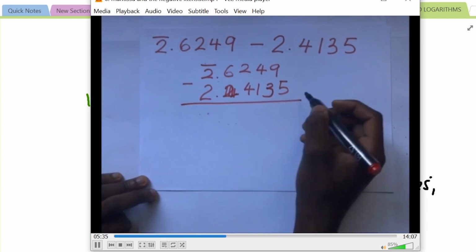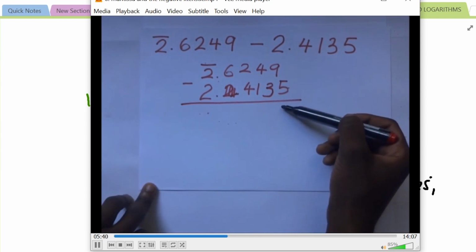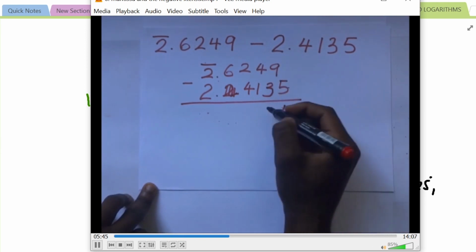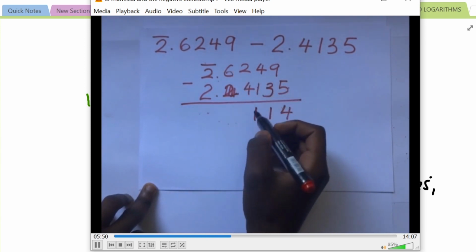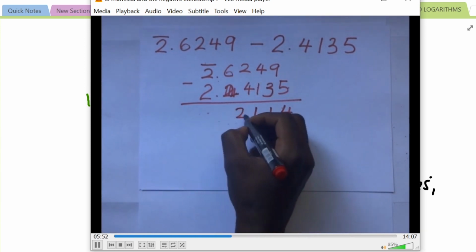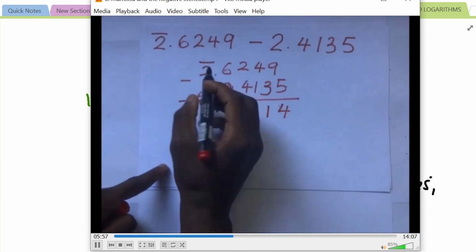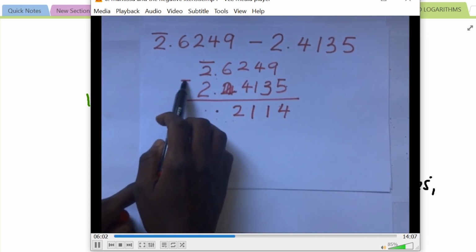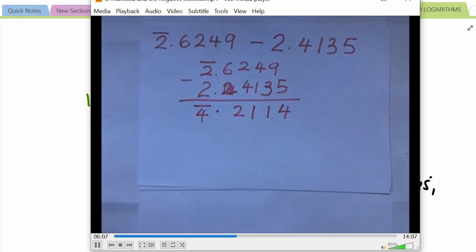When you subtract those, 9 minus 5 gives us 4. 4 minus 3 gives us 1. 2 minus 1 gives us 1. Then 6 minus 4 gives us 2. Decimal point. Then we shall add this. This negative only affects that number. It does not affect the rest of this part. So it's negative 2 minus 2, which gives us negative 4, that is 4 bar.